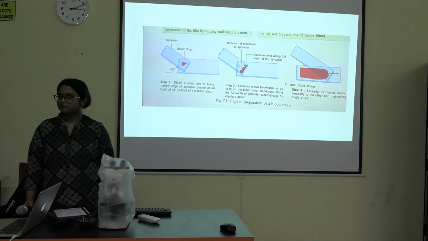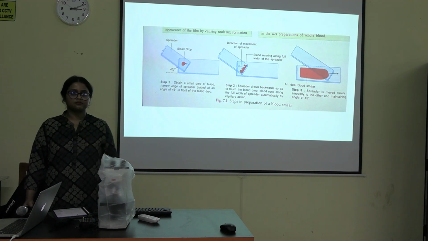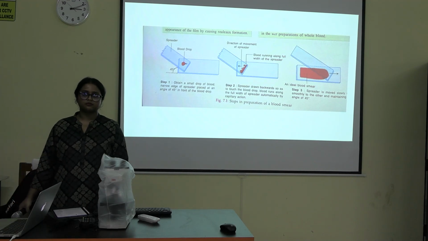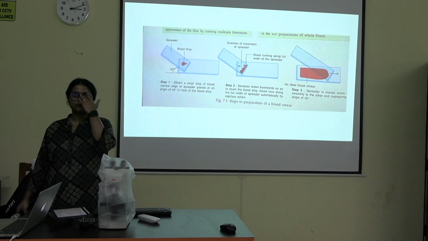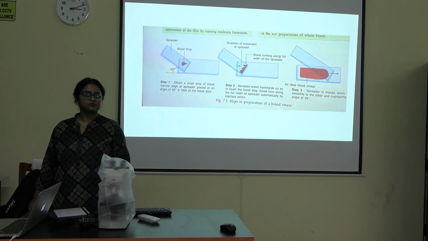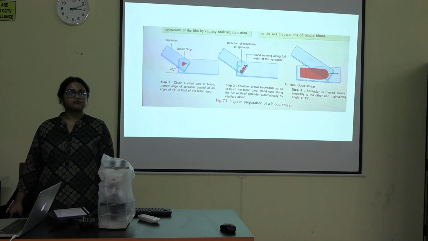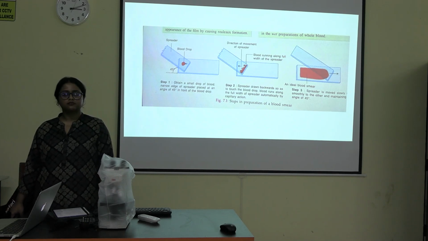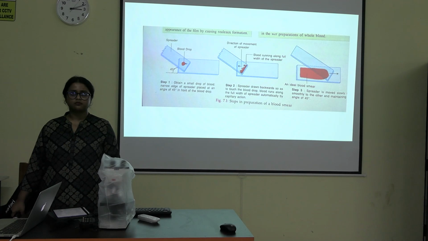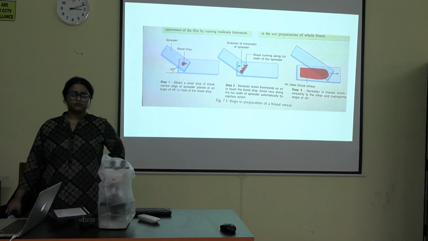Those taking the acidic stain will have a different color from the components taking the basic stain. Similarly, those taking both, the neutral ones, will also have a different color.